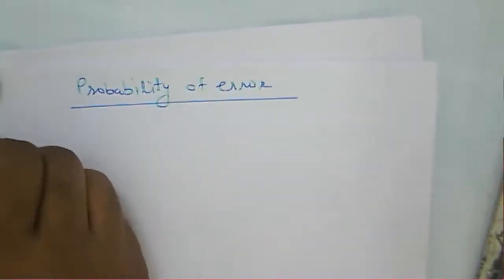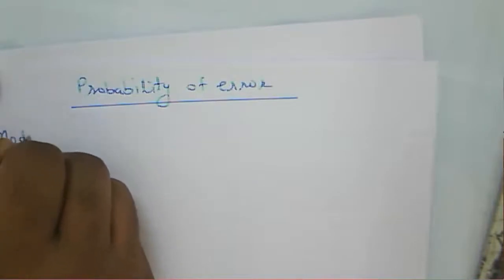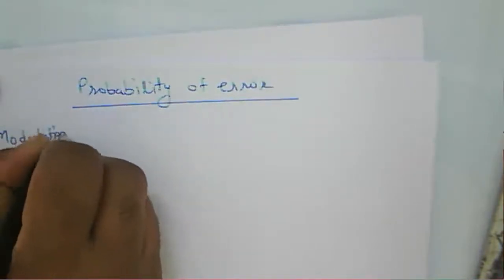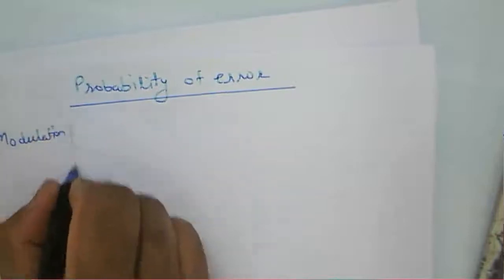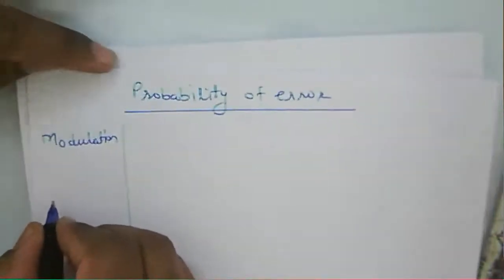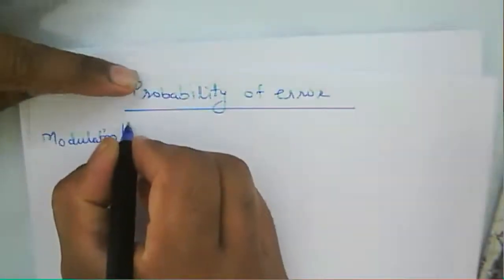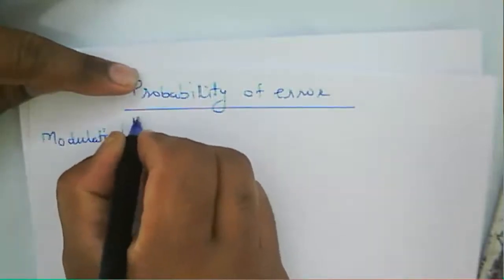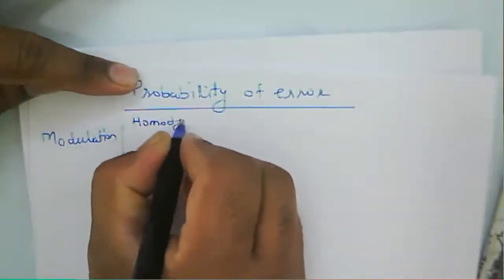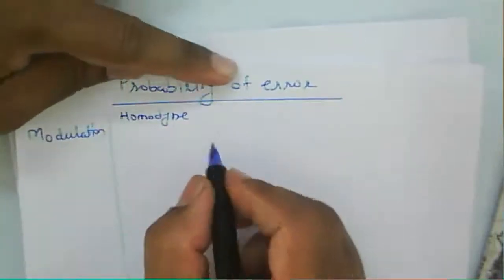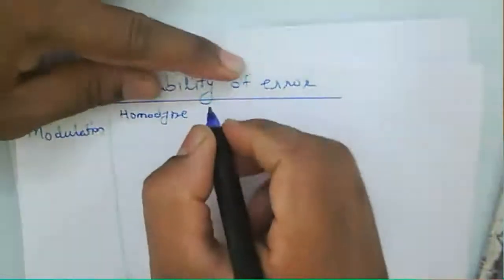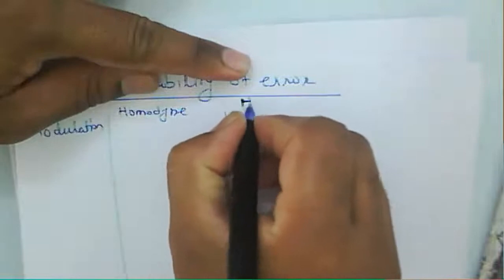So we supposed to say what modulation we are using, that is about the modulation. Then if it is homodyne there, what will happen?